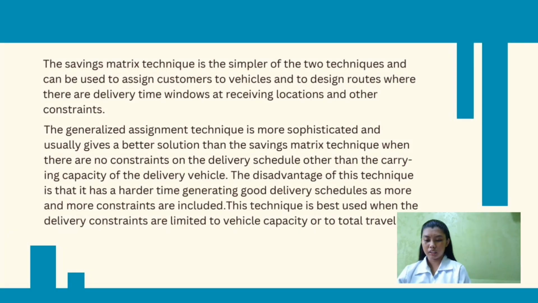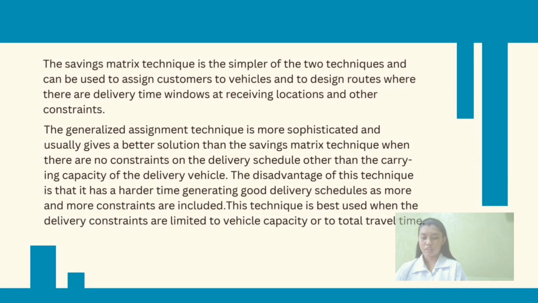The savings matrix technique is the simpler of the two techniques and can be used to assign customers to vehicles and to design routes where there are delivery time windows at receiving locations, and other constraints. The generalized assignment technique is more sophisticated and usually gives a better solution than the savings matrix technique when there are no constraints on the delivery schedule other than the carrying capacity of the delivery vehicle.